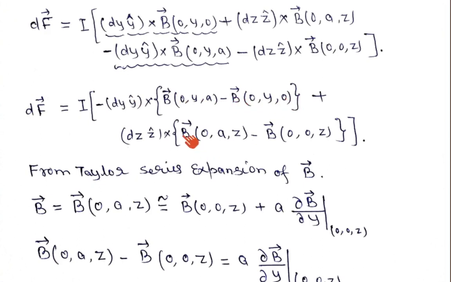Or here, this is the second position, that is B at 0, a, z minus B at 0, 0, z position. So if you subtract B at 0, a, z minus B at 0, 0, z, that will give a del B upon del y at the 0, 0, z position.